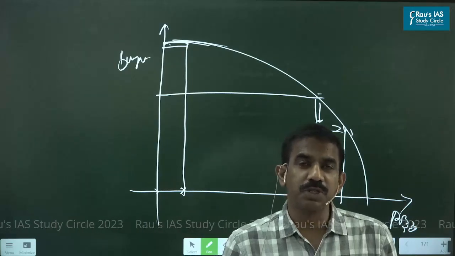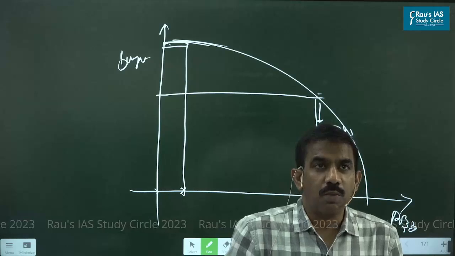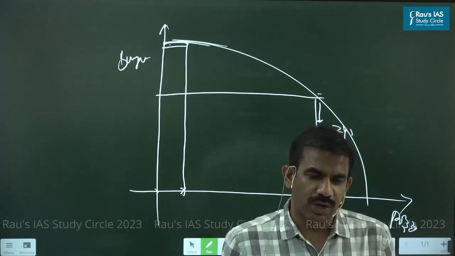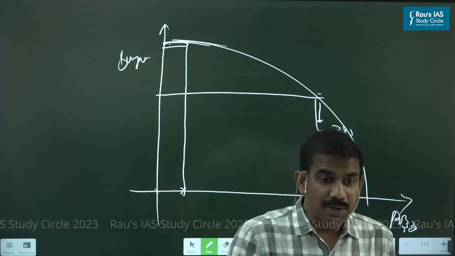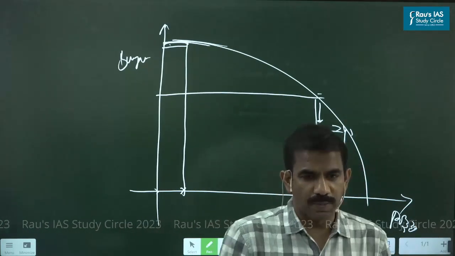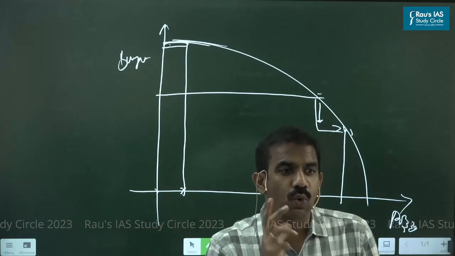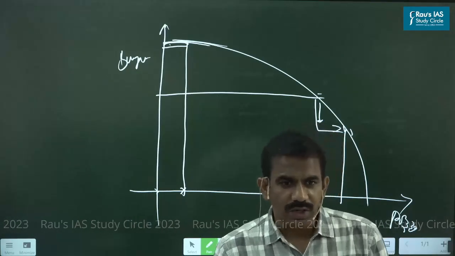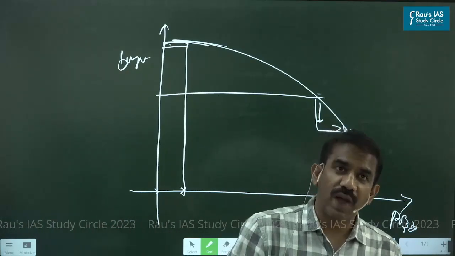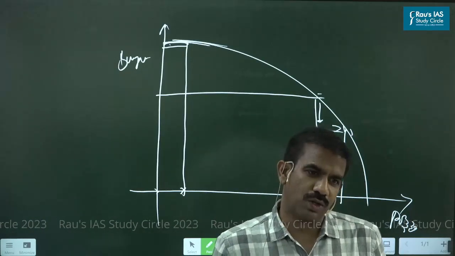So the first principle says, the more pizzas you want, the fewer burgers you would get. The more burgers you get, the fewer pizzas you get. But the second principle tells you how many pizzas you need to forego for a burger, or how many burgers you need to forego for a pizza. So the second thing is trying to quantify your cost. Is that clear now? The first thing tells you the fact of life, but the second thing would quantify your gain or a loss.